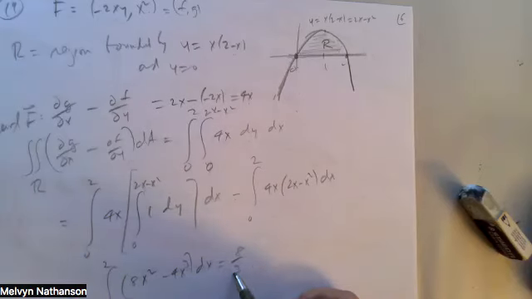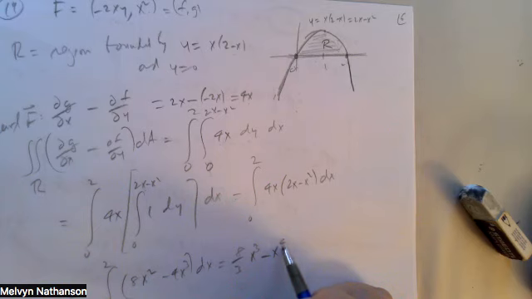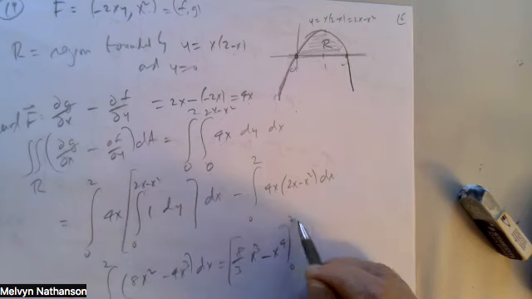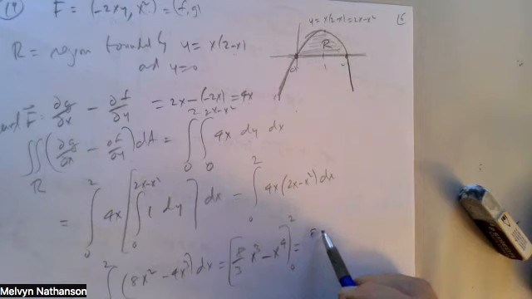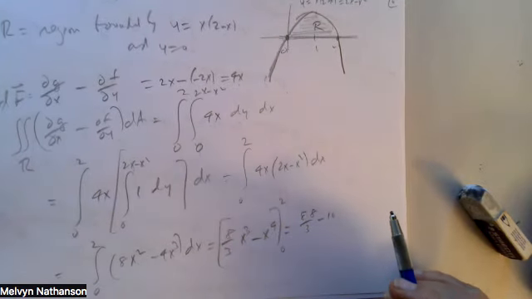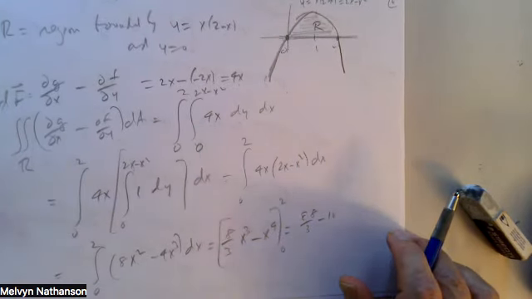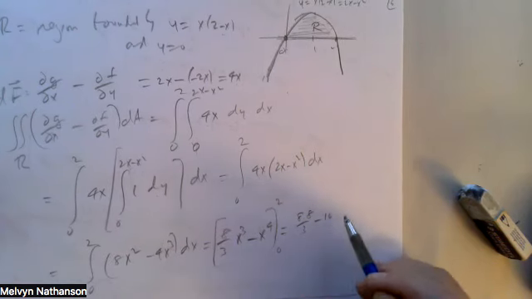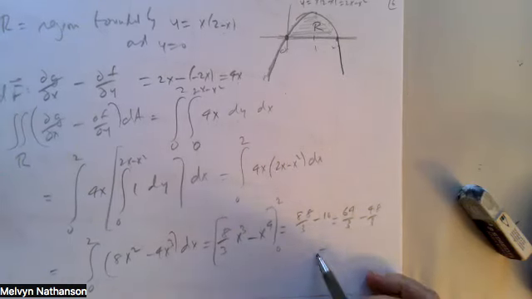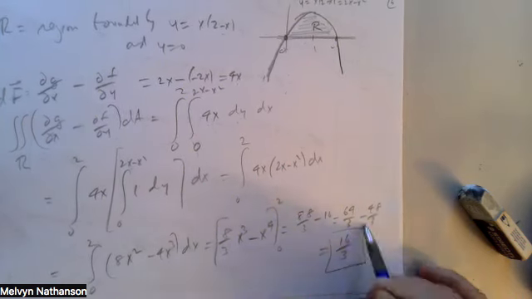So this is 8/3 x cubed minus x to the 4th, from 0 to 2. So this is 8 times 8 over 3 minus 16. Now we get to arithmetic. This is 64 over 3 minus 48 over 3, which is 16 over 3.